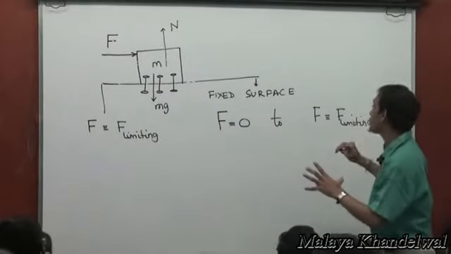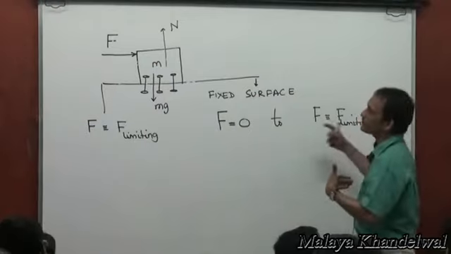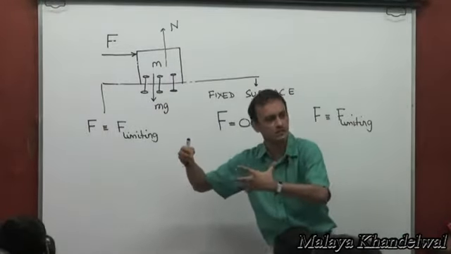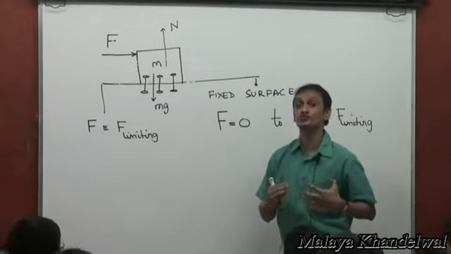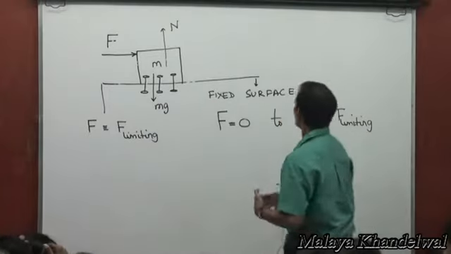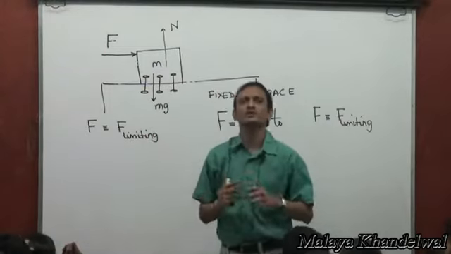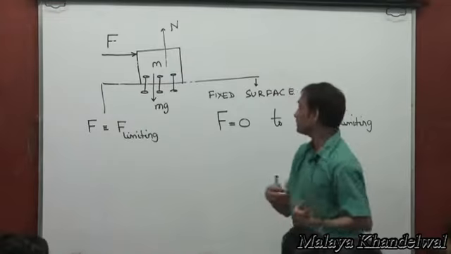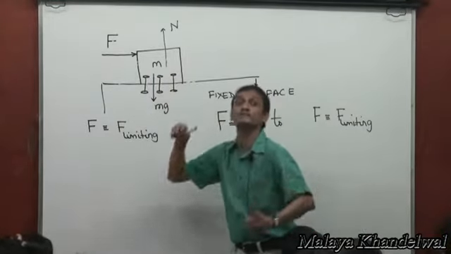But in any case, from F equal to 0 to F equal to F limiting, the pins resist relative motion. Their mechanical strength is good enough to withstand the applied force, and this force that the pin exerts to prevent relative motion is a kind-hearted, generous force. And if you are applying a force F equal to 1 newton, it's not like this force would be more than 1 newton.